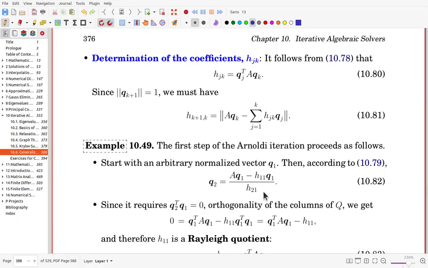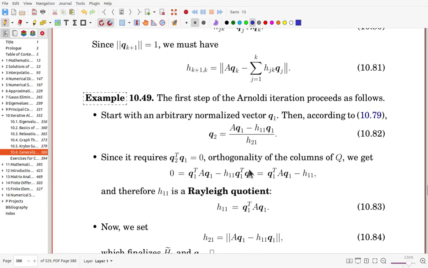And we apply the dot product with q1. Then the left-hand side will be 0. And then here A q1 minus h11 q1 dot q1. This will be 1. So we recheck this one. So here h11 is this quantity. Now we measure the norm of this top portion to get h21.